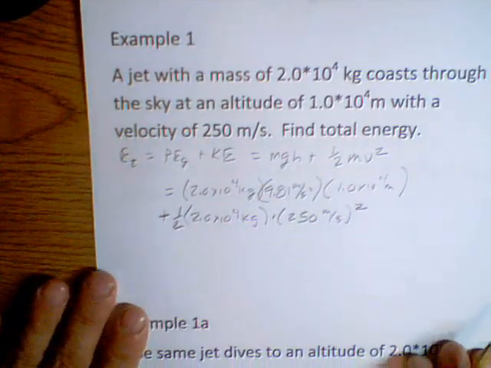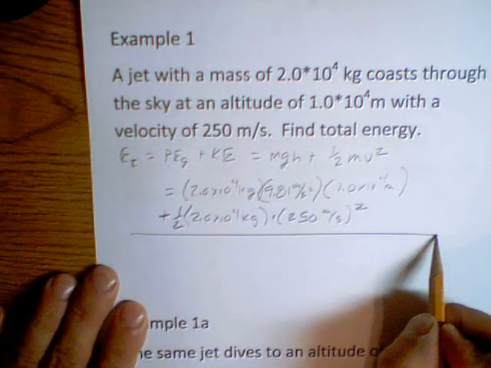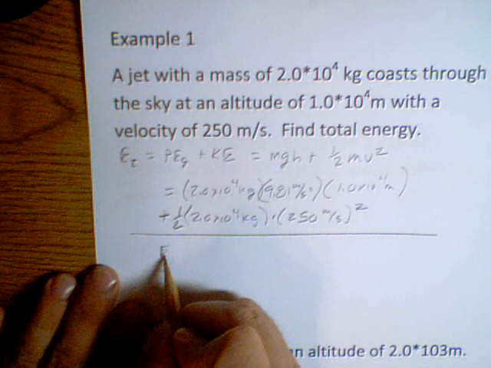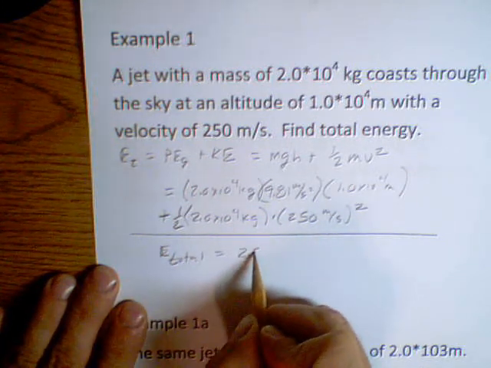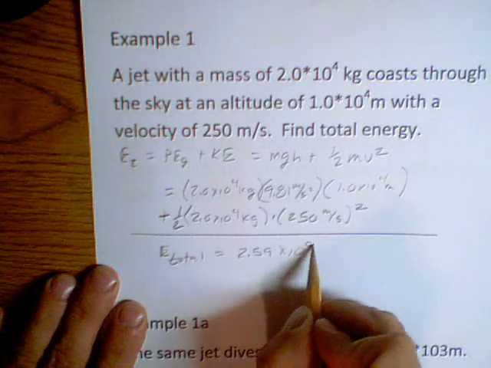Right? So if you add both of those together, the energy total equals 2.59 times 10 to the 9th joules.